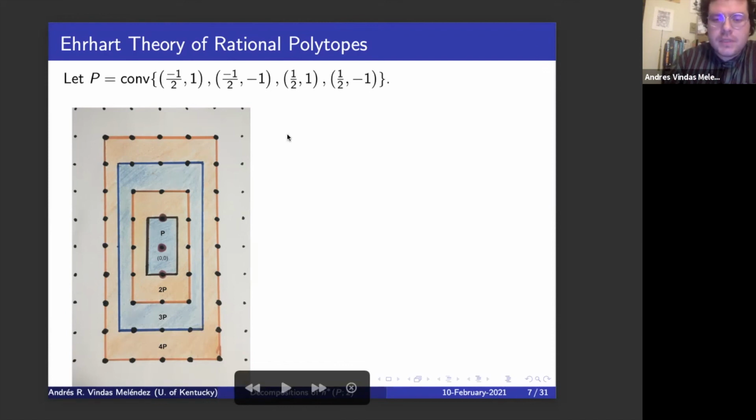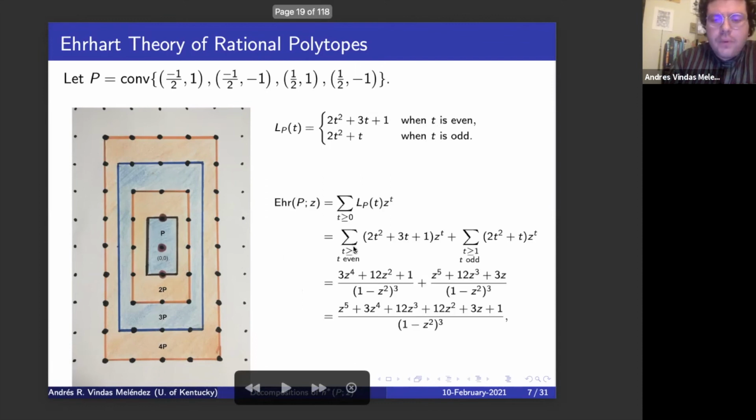Kind of telling us that we should anticipate that our Ehrhart quasi-polynomial has kind of two polynomials popping up. When t is even, we get this. When t is odd, we get that. Nothing crazy here. And now when we encode it in the Ehrhart series, we do this business, all the algebraic manipulations and stuff.